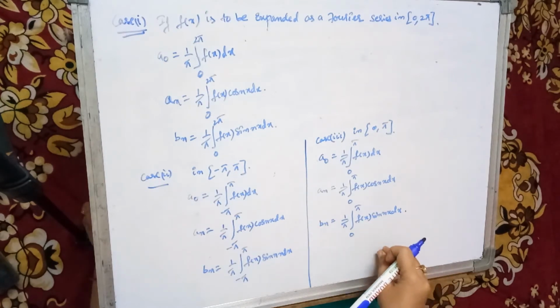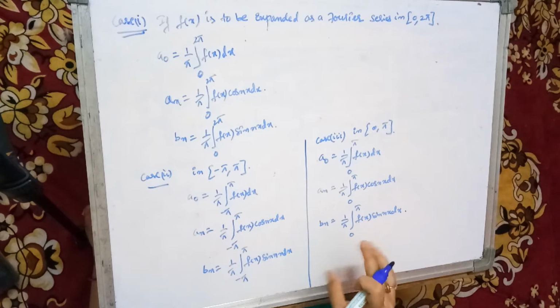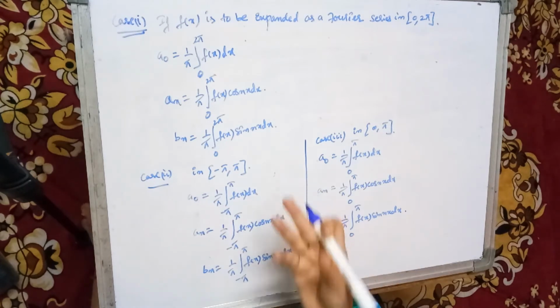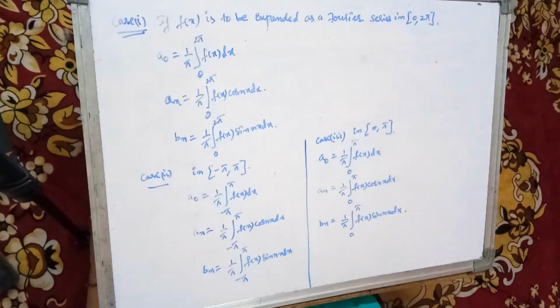So you have to remember these Euler's formulae. If you remember Euler's formulae, then you can easily write the formulas according to the given intervals for finding the Fourier series for the given function.